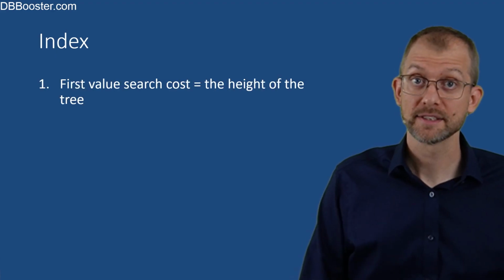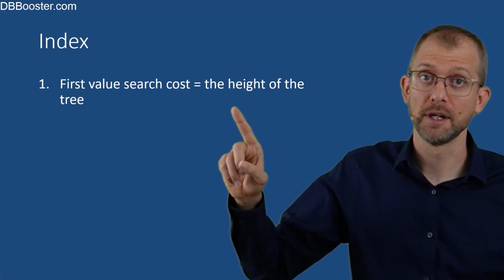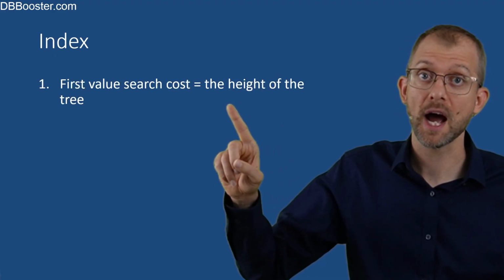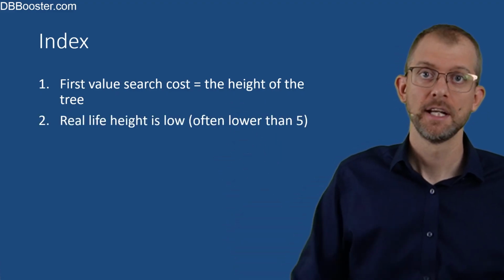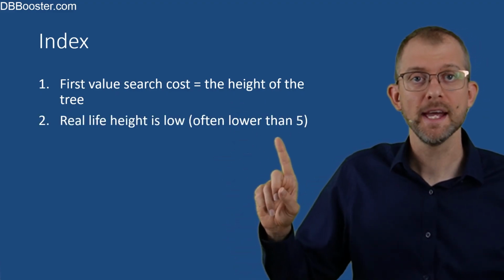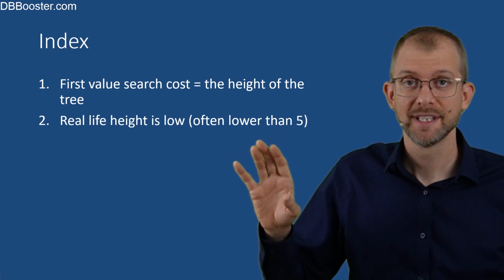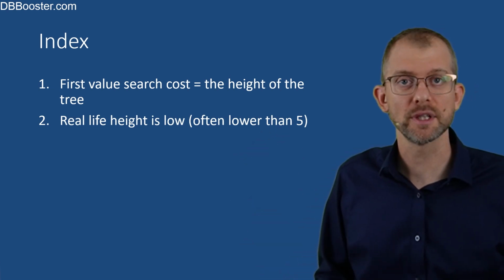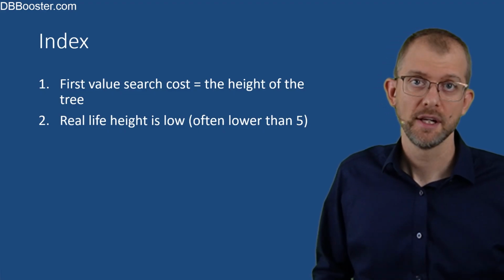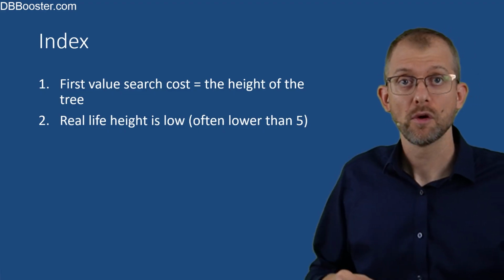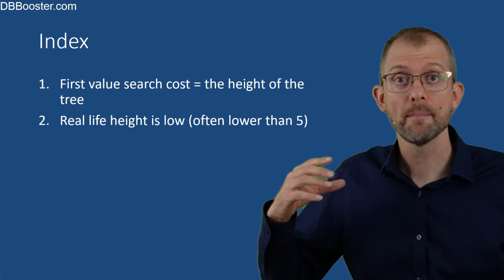With an index, finding the first matching value only costs as many IOs as the height of the tree. And the good news is, in real systems, the tree height is usually very low, often just 3 or 4. It grows very slowly compared to the amount of data.